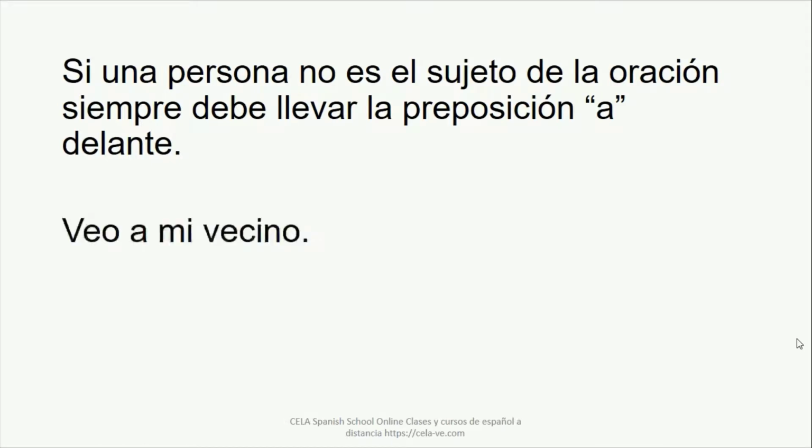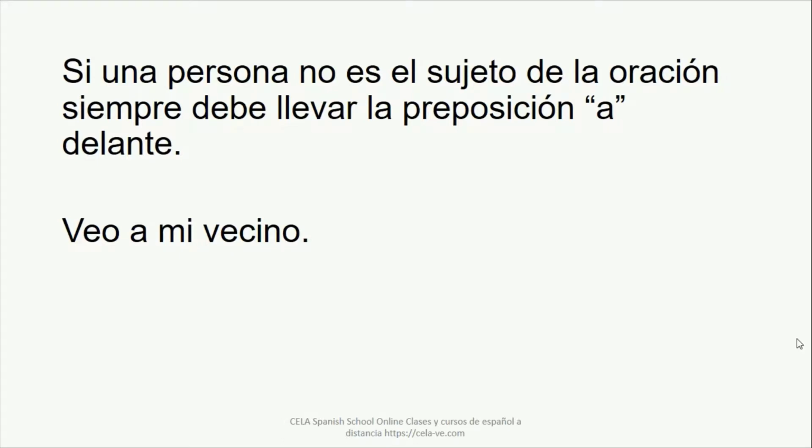For example, veo a mi vecino. The verb is ver. ¿Qué o quién ve? Who does the action? Yo veo. Veo.